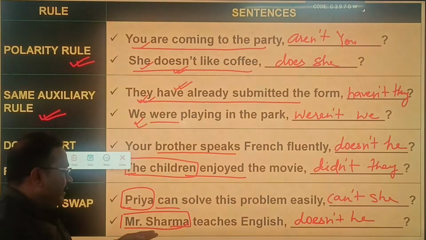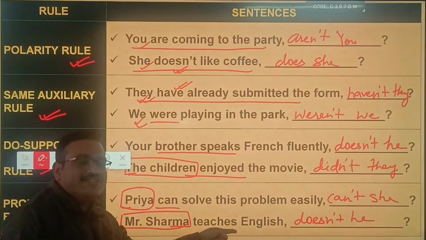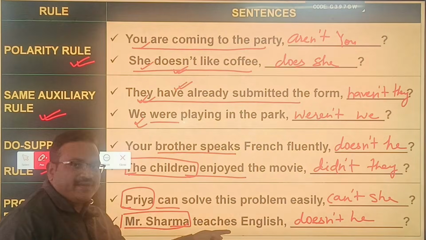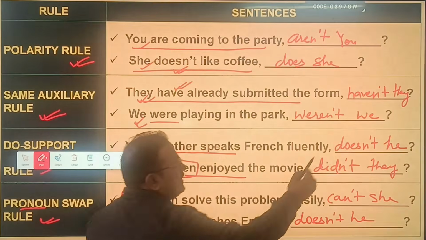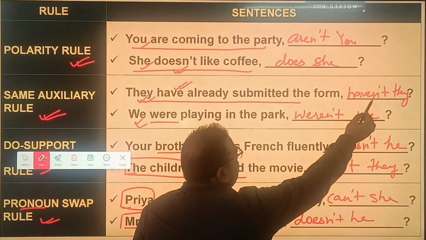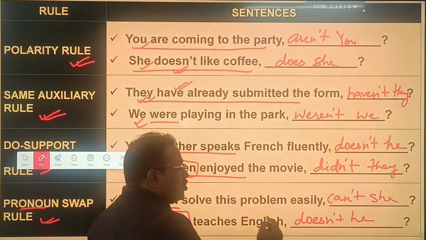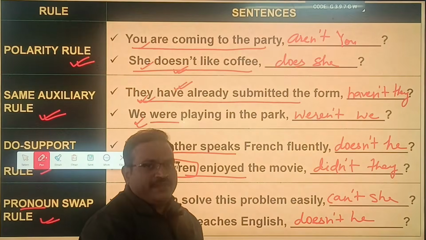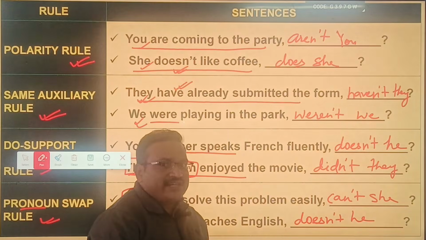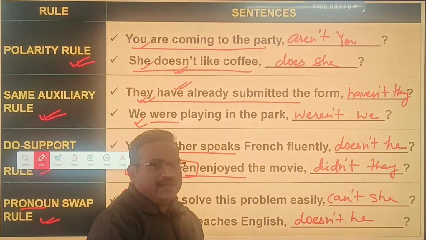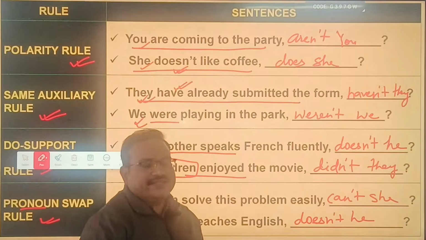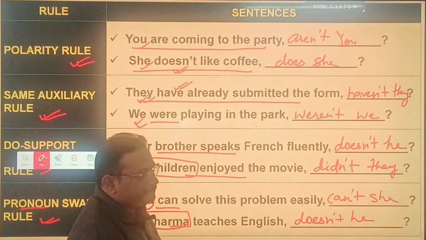Doesn't he, because the statement is positive. And we have to use the negative form or the shortened form. Negative of auxiliaries in shortened form, like does not, doesn't, are not, aren't, were not, weren't, like this in a question tag.